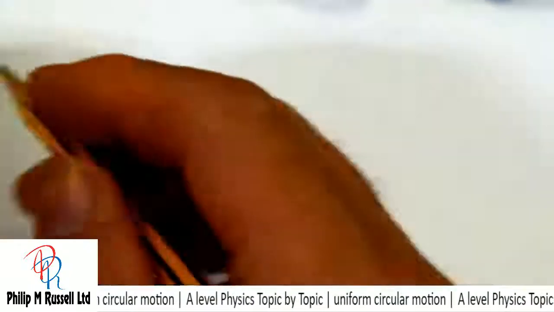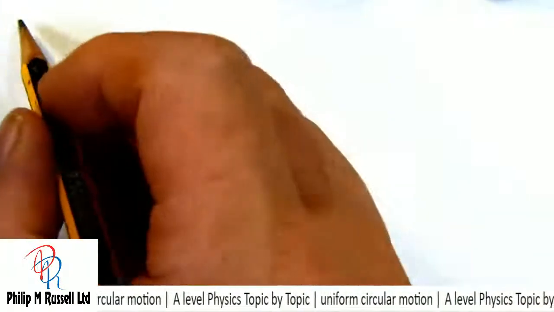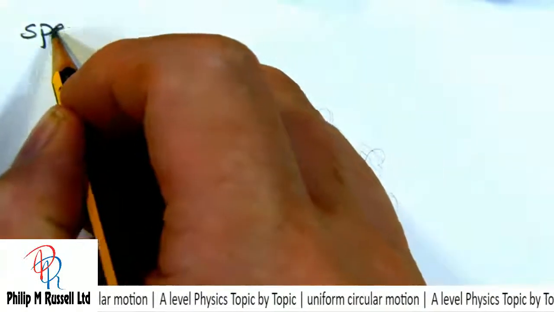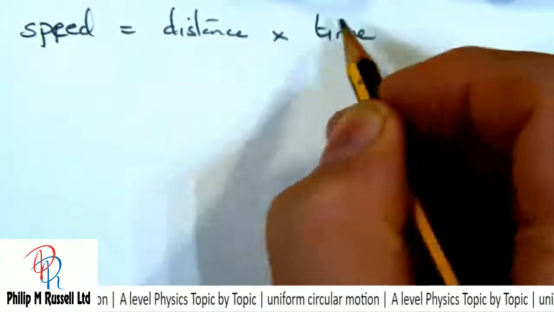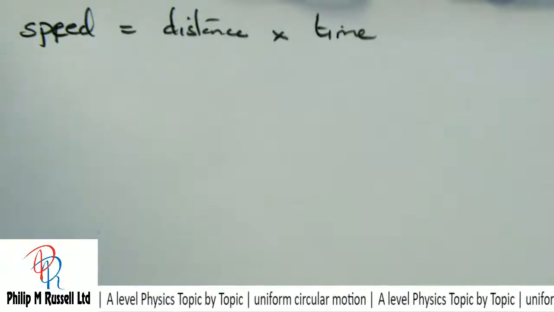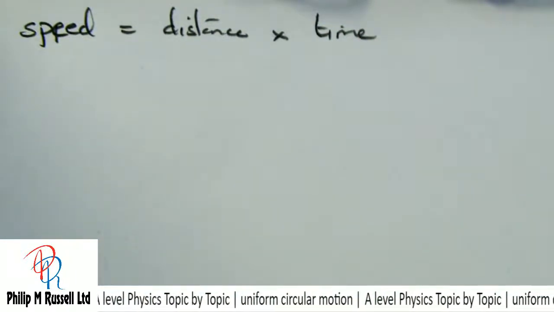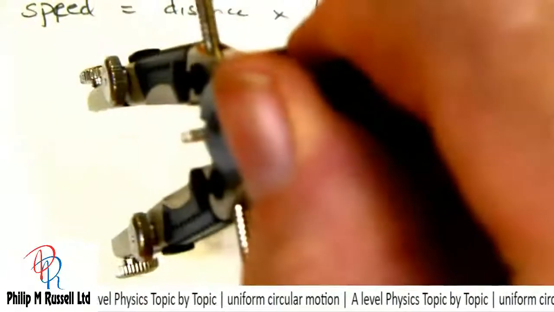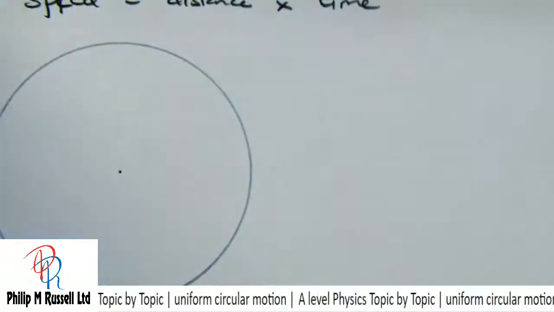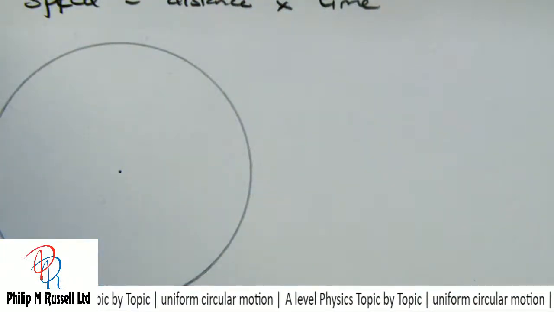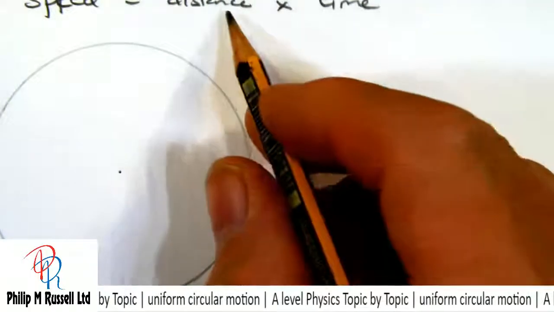So our circular motion here, we know that our speed equals my distance divided by the time taken, basically. So we've got my circle, and with this circle here, my speed is going to be the distance.